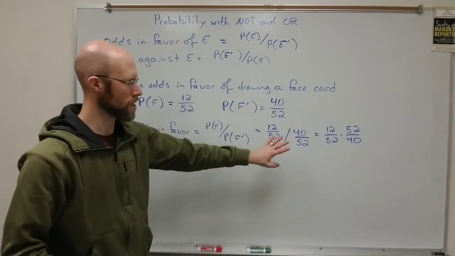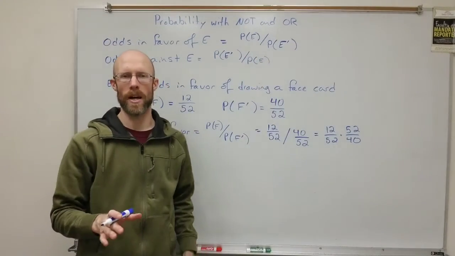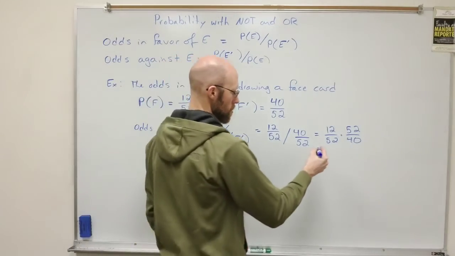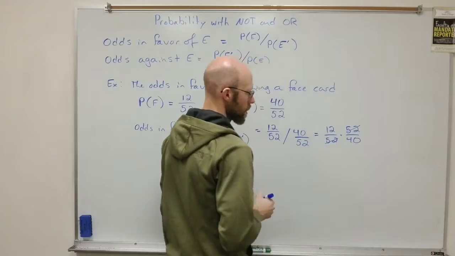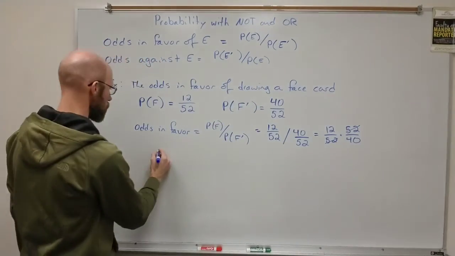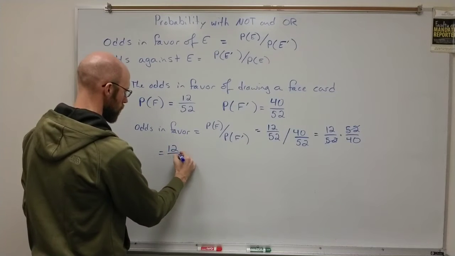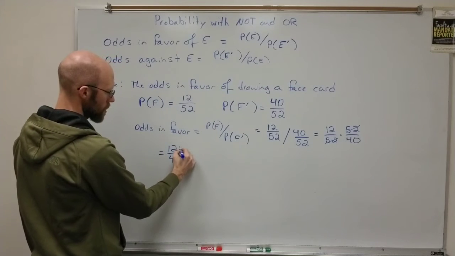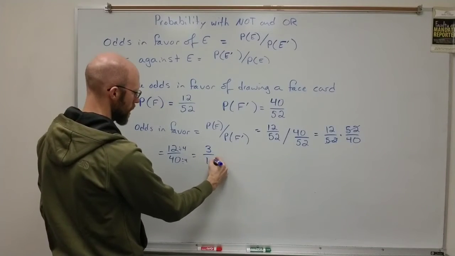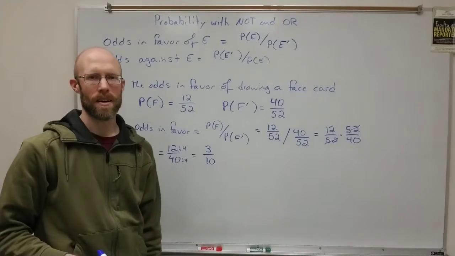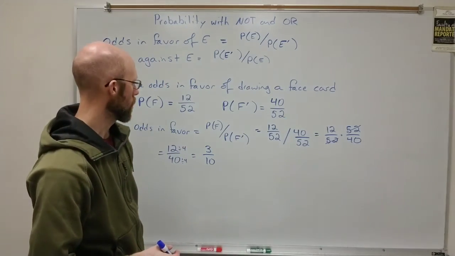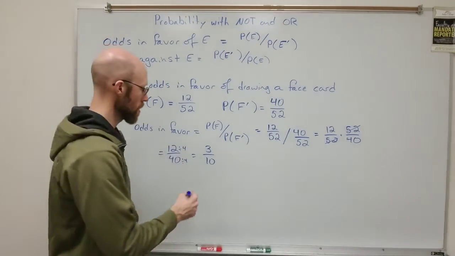Again, I chose not to reduce those because I knew ahead of time there's going to be some canceling. So I would cancel the 52s immediately, and then the 12 over 40 can be reduced further. You can take a 4 out of each of those, and that'll give you 3 out of 10. So you get 3 to 10 odds of drawing a face card, all right?